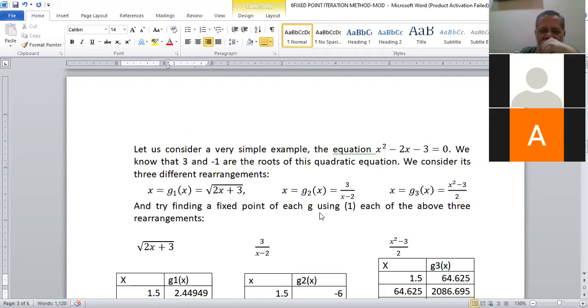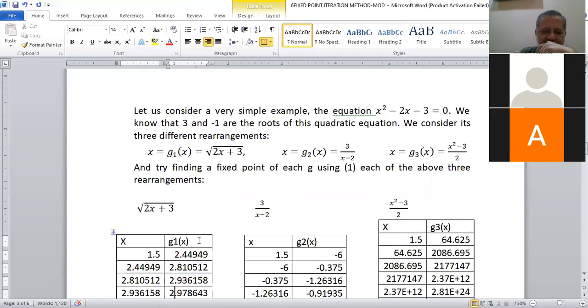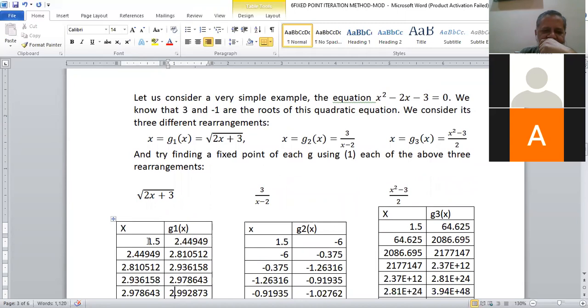Now using the first rearrangement, where g is the function square root of 2x plus 3, we start our calculation at x equal to 1.5, for which this function will give you this value. This is considered as the new x value, for which the function is calculated again, that gives us this value. This is considered the new value of input.